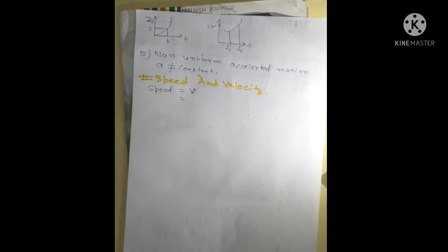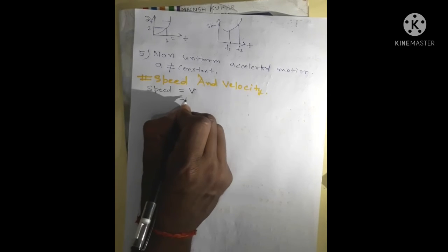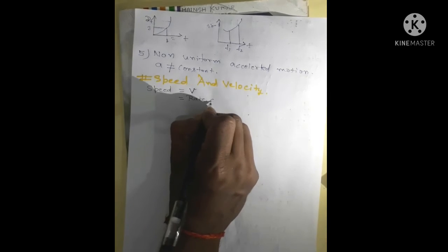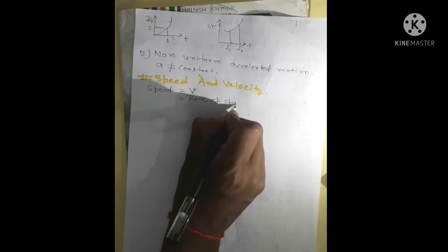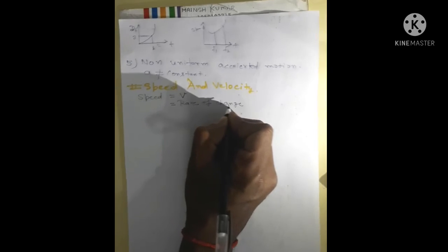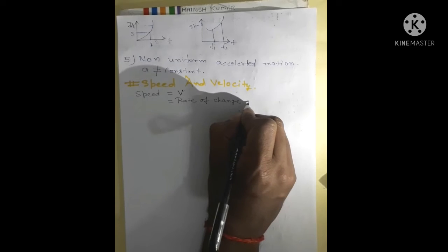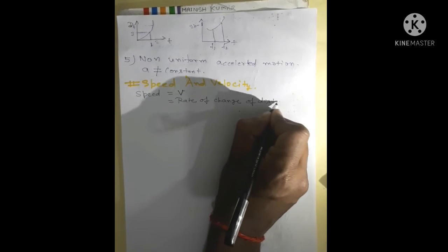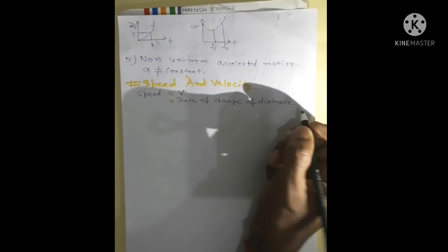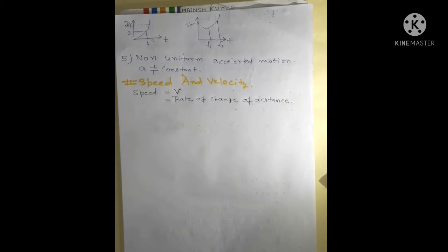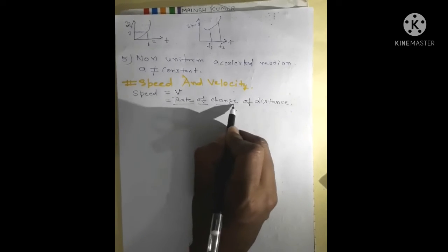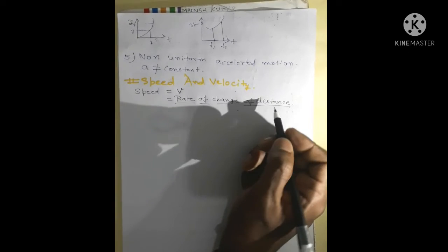Rate of change of distance is known as speed.